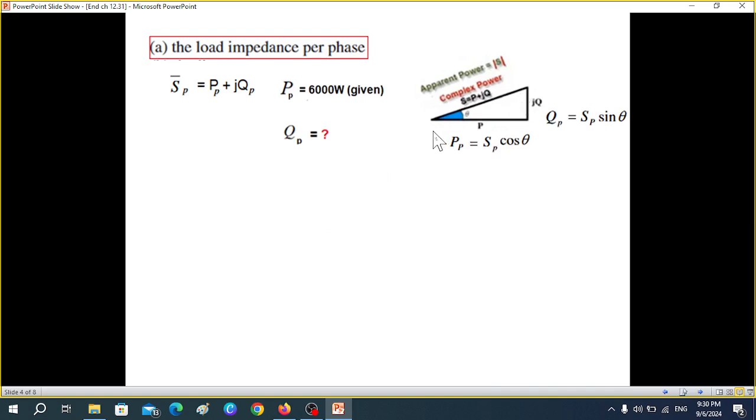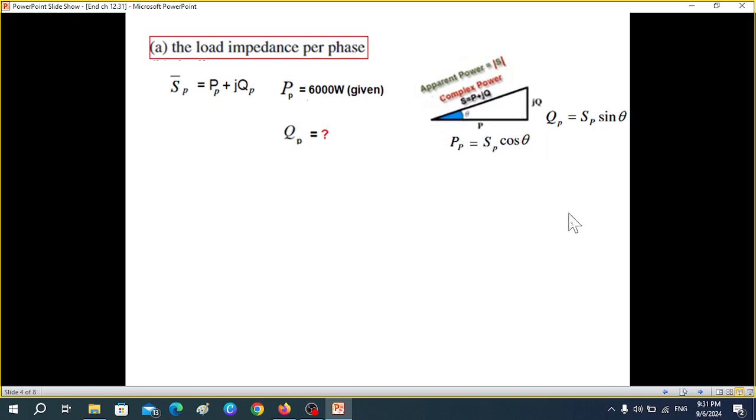Now, the real and imaginary axis can also be written as PP is SP, the complex power, multiplied by cosine theta.